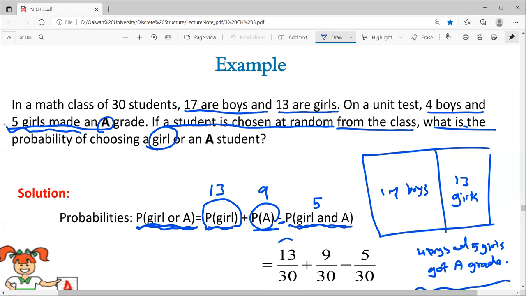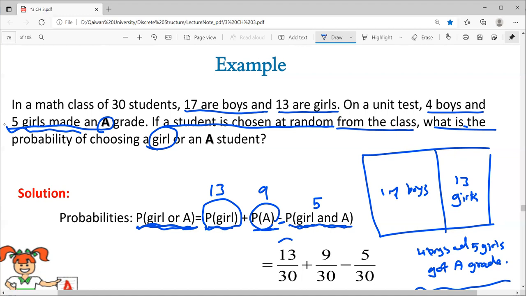We divide each by 30 because here we have 30 students. Among these 30 students, 17 are boys and 13 are girls. The students take a test. In the test, 5 girls got grade A and 4 boys got grade A. That means you have 9 students who got grade A.